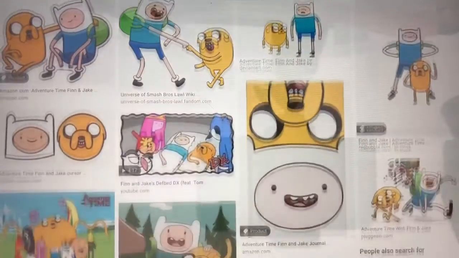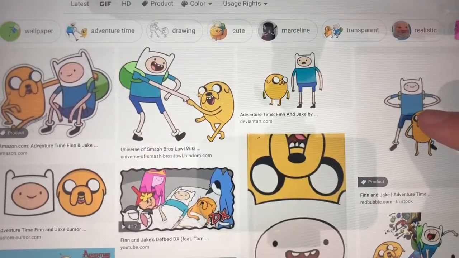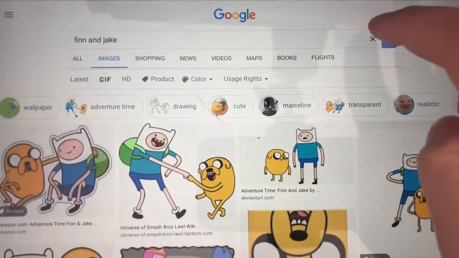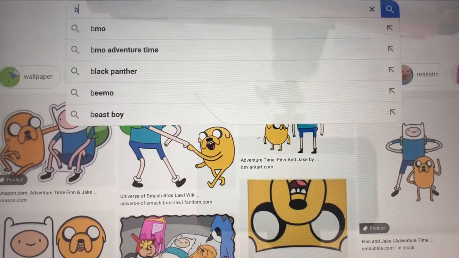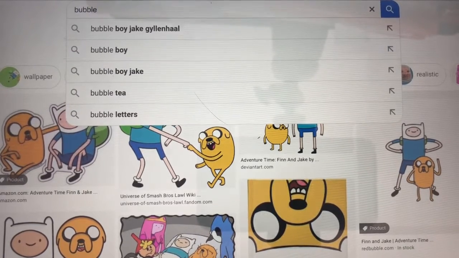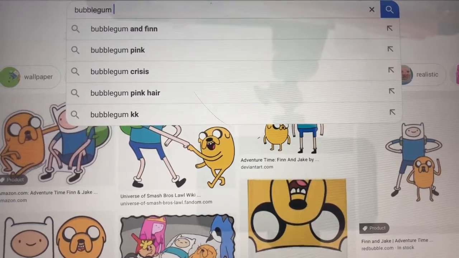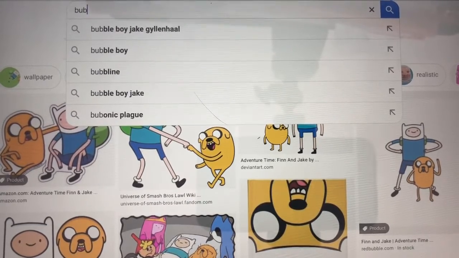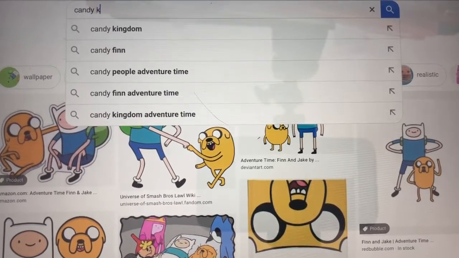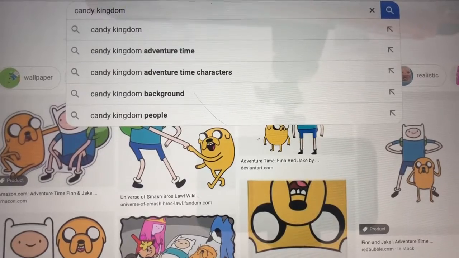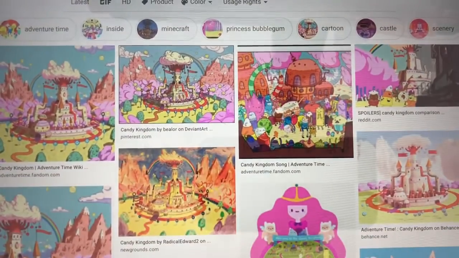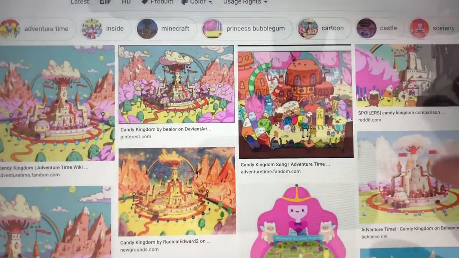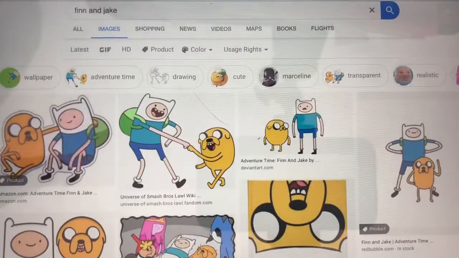So maybe your two figures are going to be Finn and Jake, and maybe in the background you'll have Princess Bubblegum's Kingdom. So the Candy Kingdom, that's it. So if you don't want to have yours be similar to what you actually saw, that's okay. You can make your very own. I'm totally fine with that.